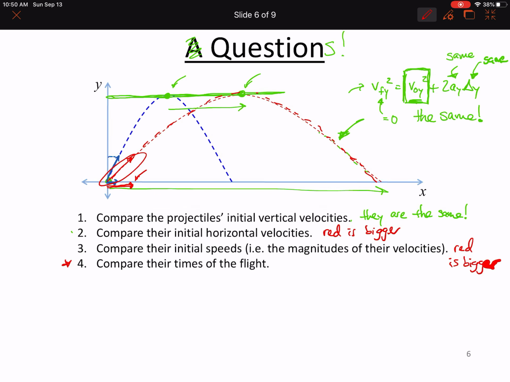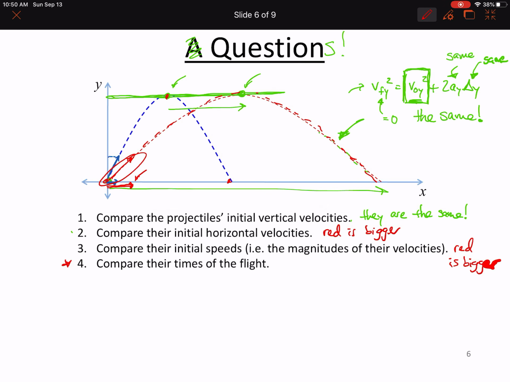One, and this is a hand-wavy one, is that if you just concentrate on their vertical motion, they start the same way, they go up to the same point, and they return to the same point. They both achieve the same maximum height. They both start from and return to the same vertical position.